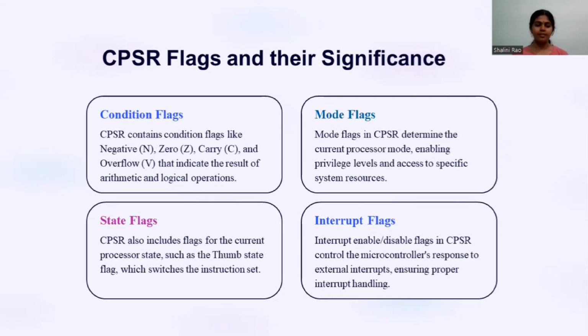State flags. CPSR also includes flags for the current processor state, such as the thumb state flag, which switches the instruction set. Interrupt flags. Interrupt enable or disable flags in CPSR control the microcontroller's response to external interrupts, ensuring proper interrupt handling.